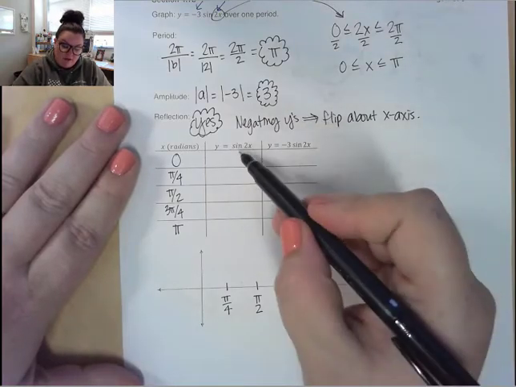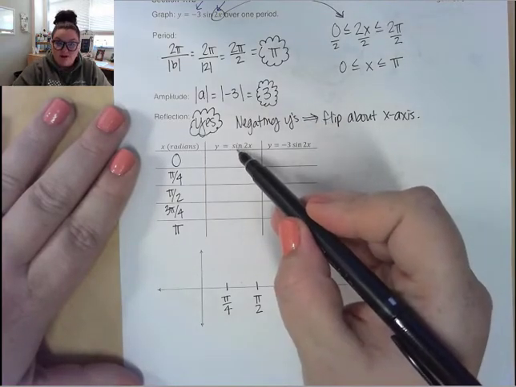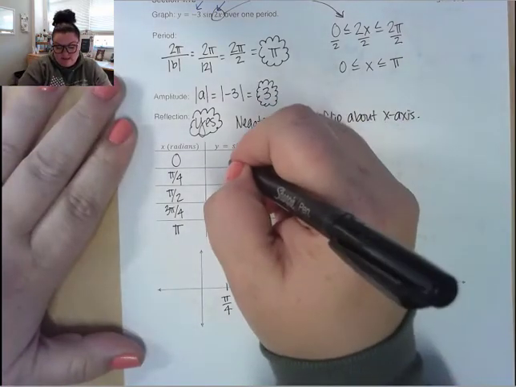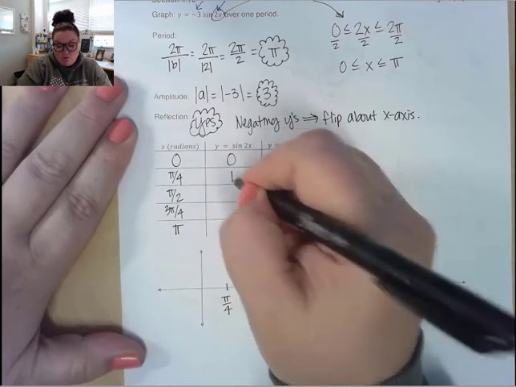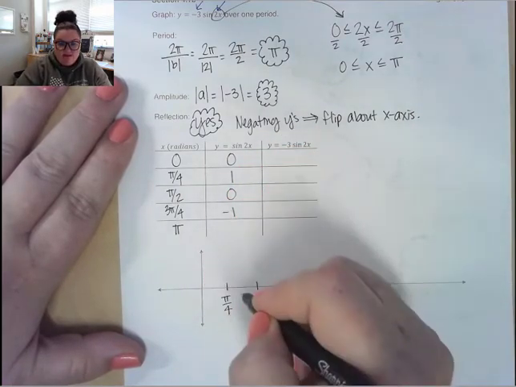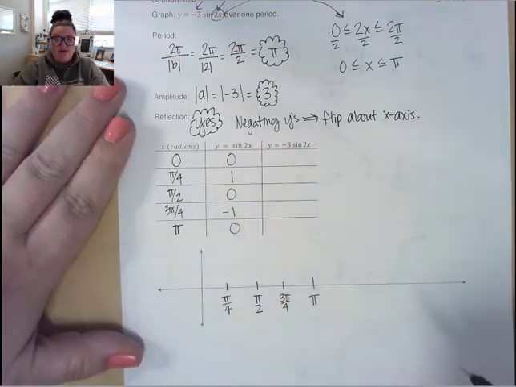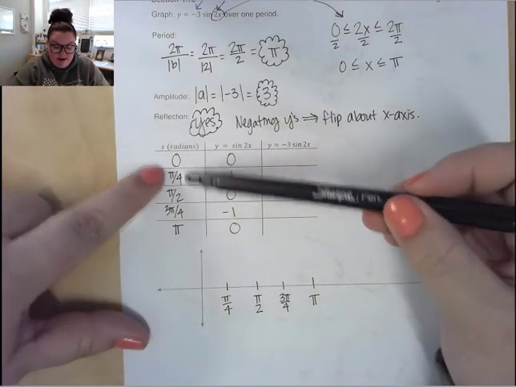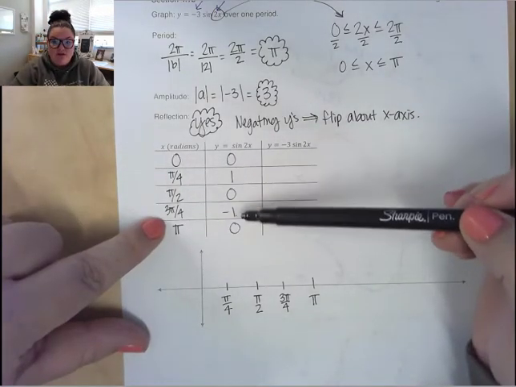So I need the quadrantal values for my sine function. Remember, sine starts at 0. So I'm going to start at 0, then go up to 1, back down to 0, all the way down to -1, and then I end at 0. Sine starts and ends at 0. I've adjusted my x's to get my nice quadrantal values.